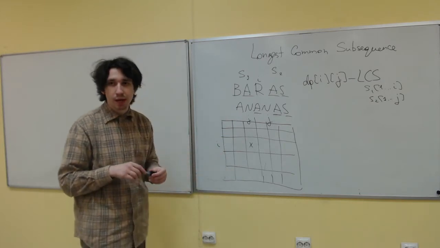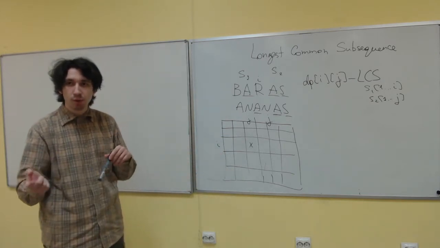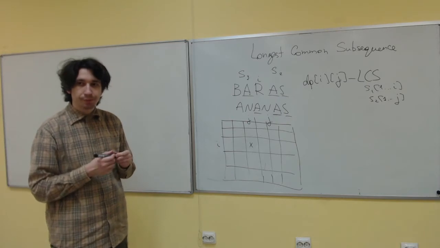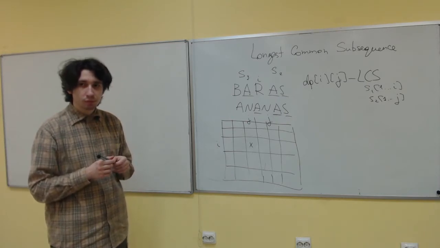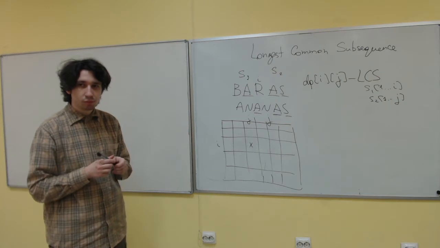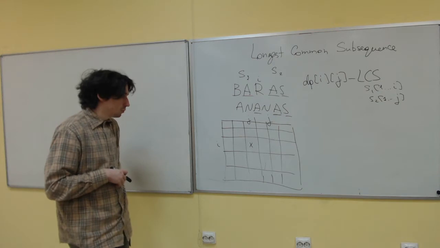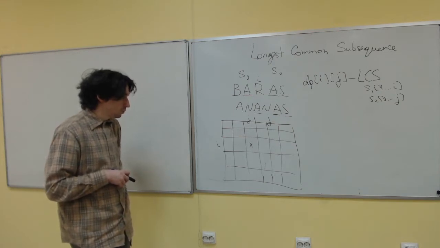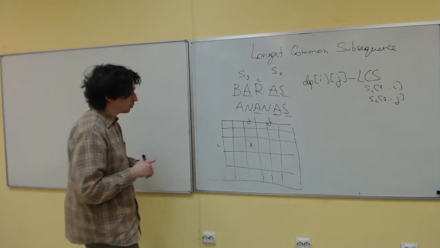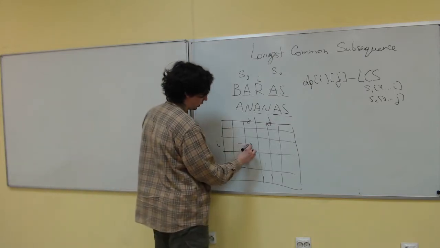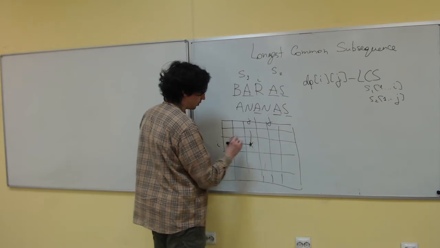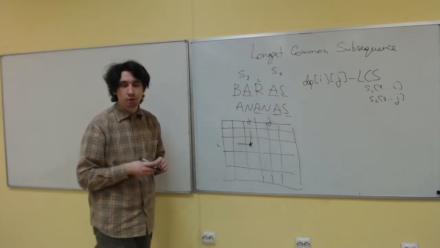From which state will we go to this state? Well, we could go to this state either from I minus 1, J or from I, J minus 1. Okay, from here. Yes. Any other?